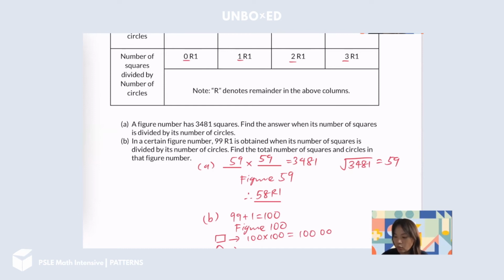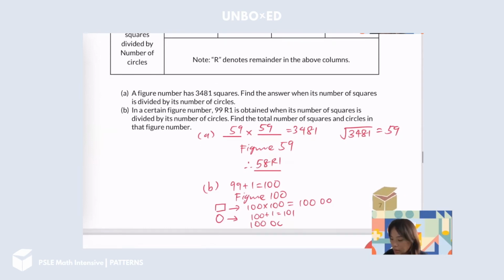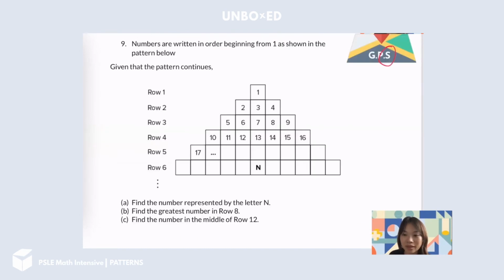For circles, it is 1 more than the figure number, so 100 plus 1, which is 101. So the total is 10,000 plus 101, which gives you 10,101. What are the numbers that tell you it's a square number question?